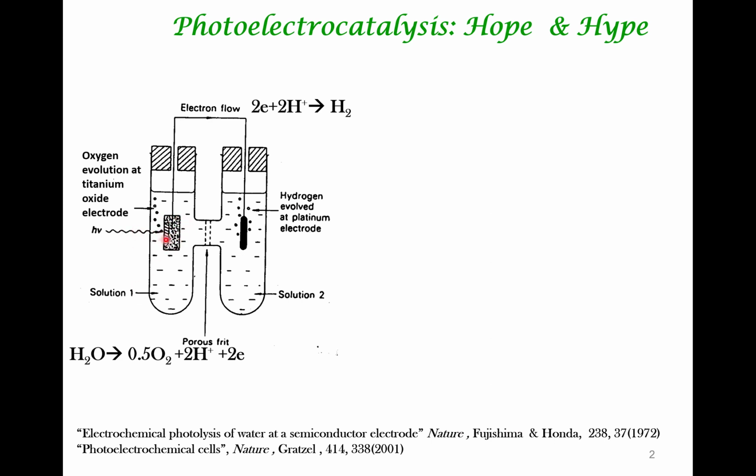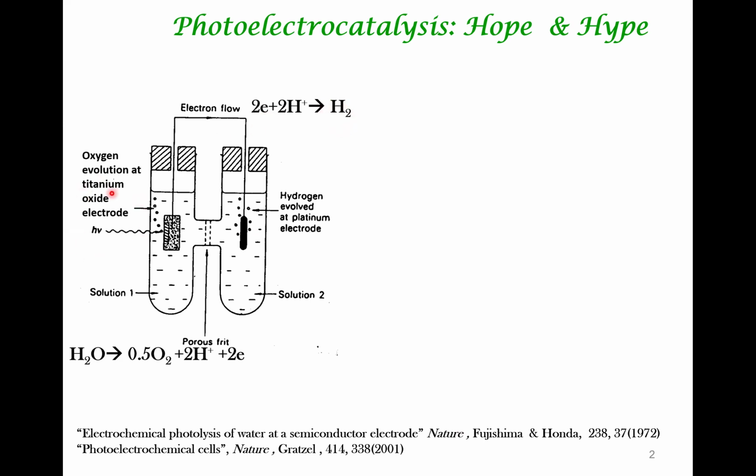Sunlight is absorbed by this electrode. On this electrode electrolyte interface, oxygen evolution occurs. While oxygen evolution occurs, two protons are released, and these two protons get reduced at this electrode electrolyte interface. Two protons combine with two electrons, giving rise to hydrogen.